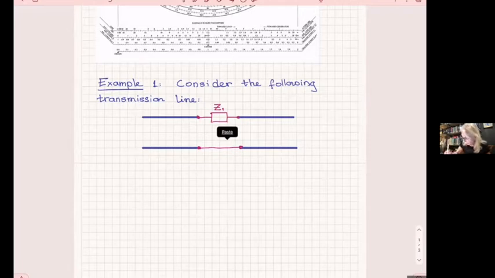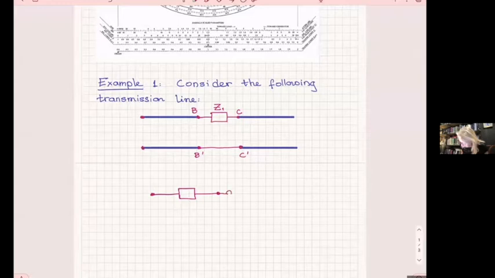That means that if this is the points B and B prime, and this is a point C and C prime, then the equivalent would have been something like this, where you have a circuit, for example, a series resistance, an inductor, and a capacitor or something.